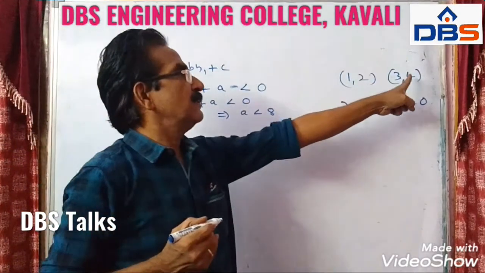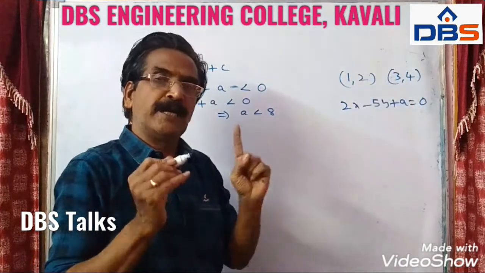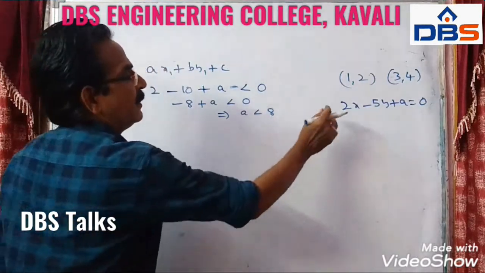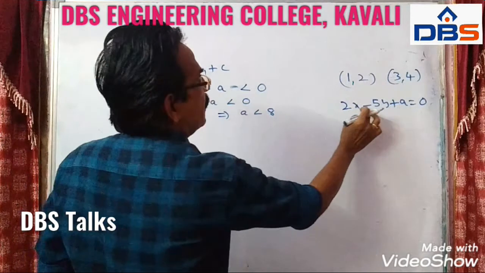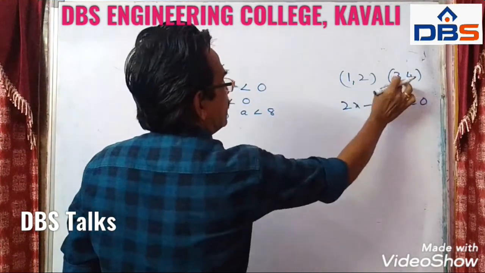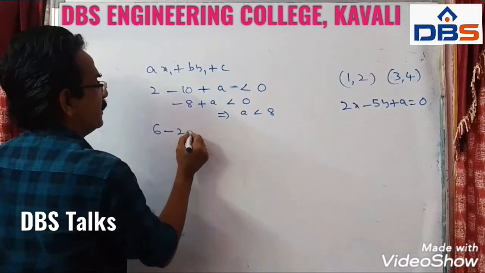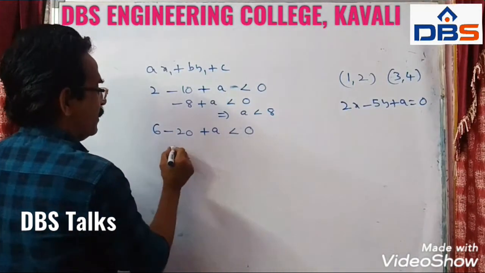Now substitute this point. Both should have the same sign. First I am taking the case of less than 0. 2 into 3, 6. Minus 5 into 4, minus 20. Plus a less than 0.